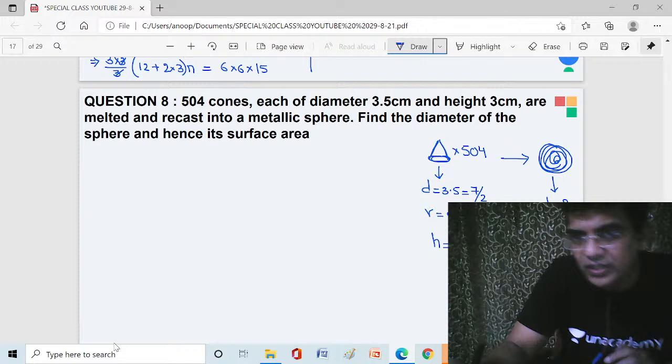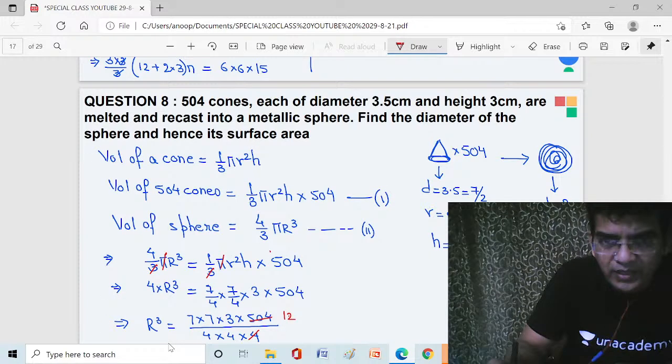Let's start reducing it with 4. 4 ones are 4, carry over 1, 4 twos are 8, carry over 2, 4 sixes are 24. Am I going correct?